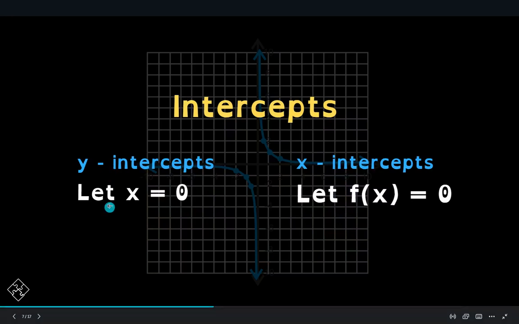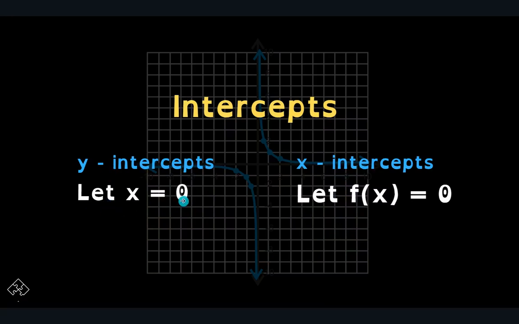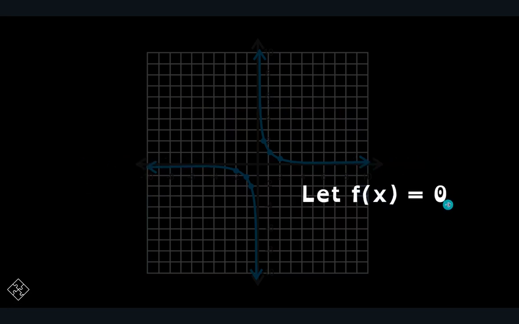Kapag y-intercepts ang hinahanap natin, we will let x equals 0. So, po-plug in lang natin yung 0 dun sa mga x natin. And dito naman sa x-intercepts, we will let f of x equals 0 in this case. Okay? Yung buong f of x or yung buong function, gagawin natin siyang 0.